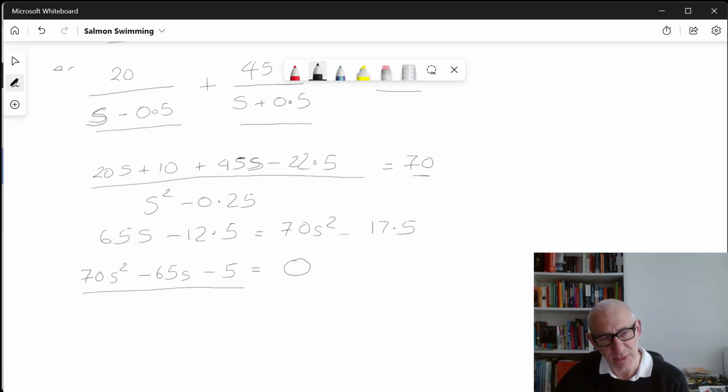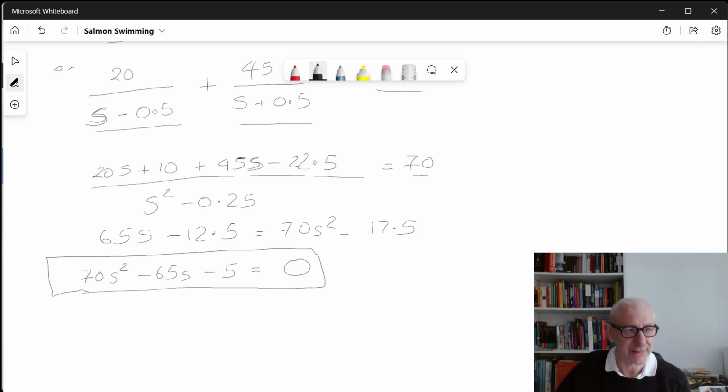And there we've got our quadratic equation, which we're going to use our quadratic equation solver to work on. We've got a is equal to 70, b is equal to negative 65, c is equal to negative 5.